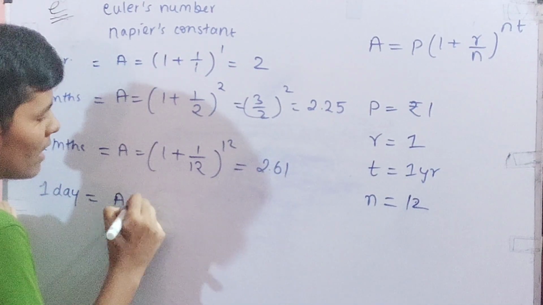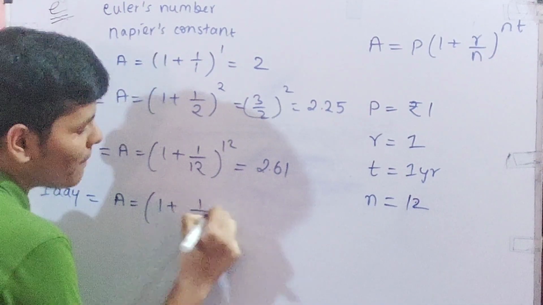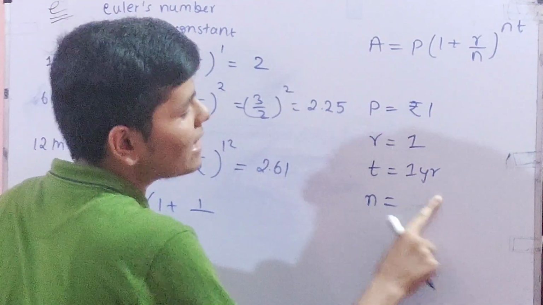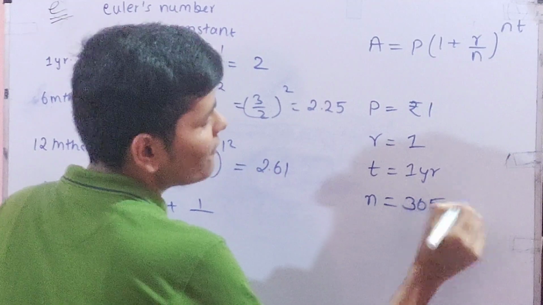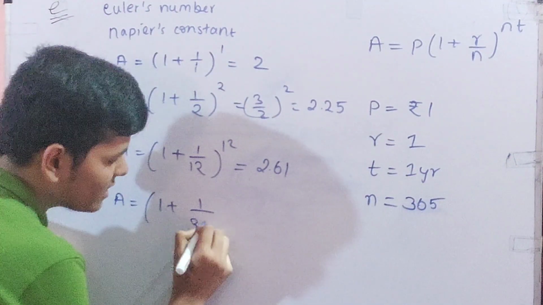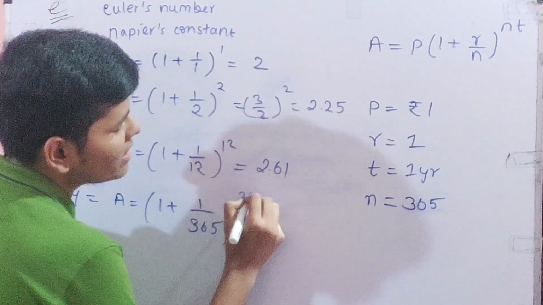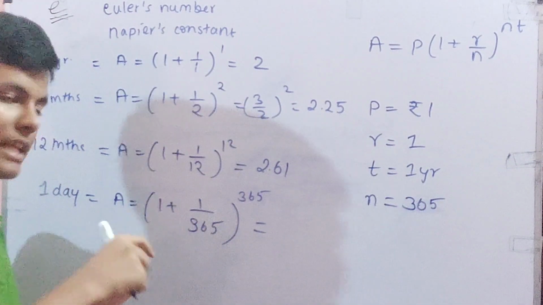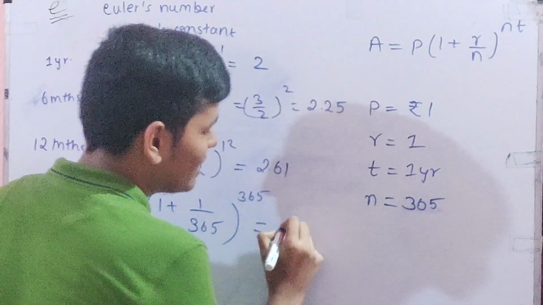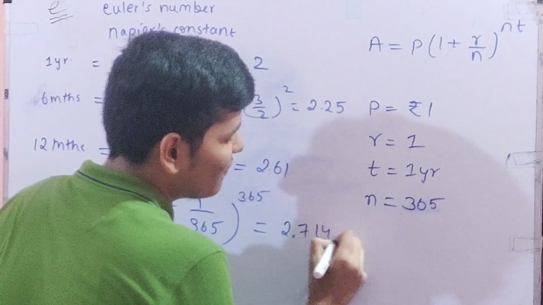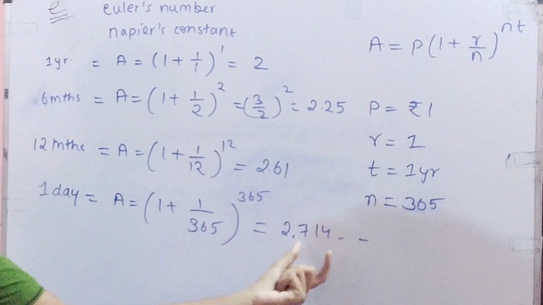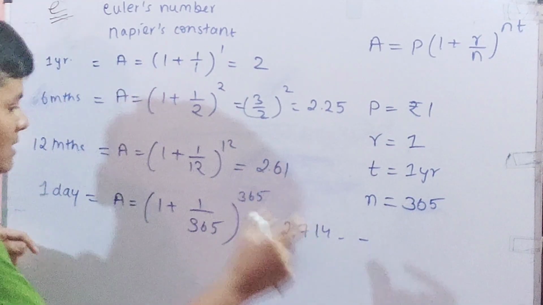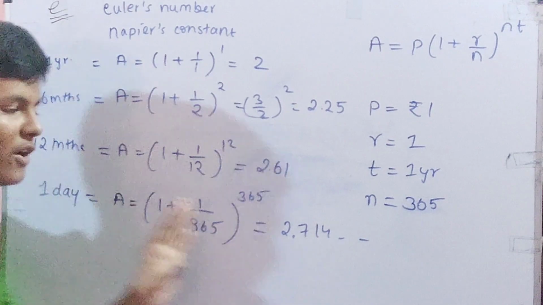Now here A becomes 1 plus 1 by n, and since the number of days in a year is 365, n becomes 365, to the power of 365. This value is hard to calculate normally, but if you calculate it, we will get 2.714 something. This value is very close to the value of e. I'll tell you more about it in a moment.